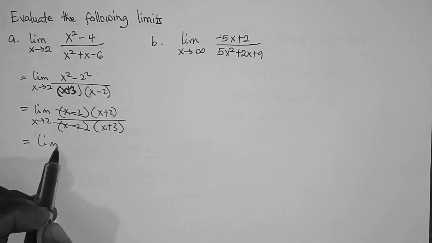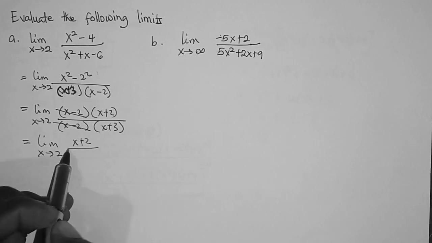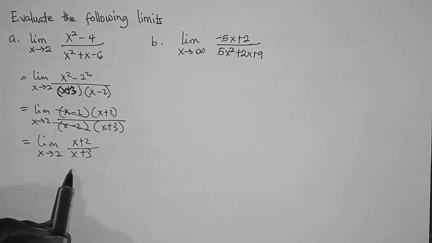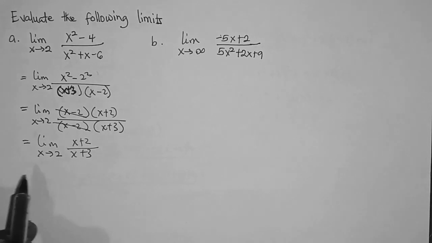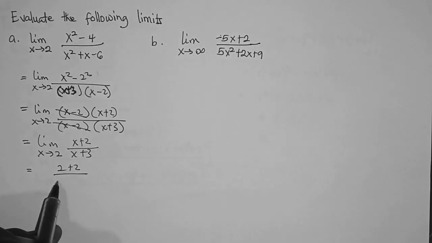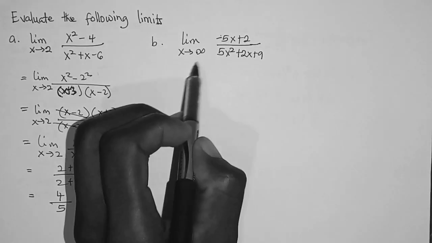So it becomes the limit as x approaches 2 of x plus 2 divided by x plus 3. Now at this point we can insert the limit. So this is equal to 2 plus 2 divided by 2 plus 3. And this is equal to 2 plus 2 is 4, and 2 plus 3 is 5, so 4 divided by 5.